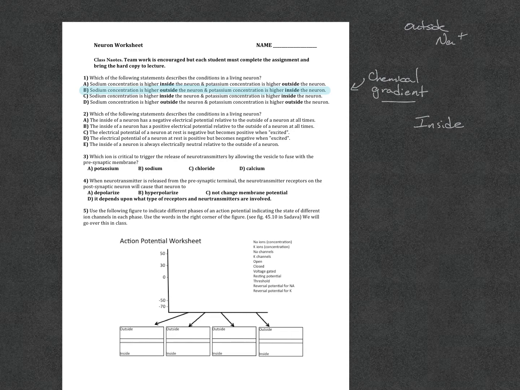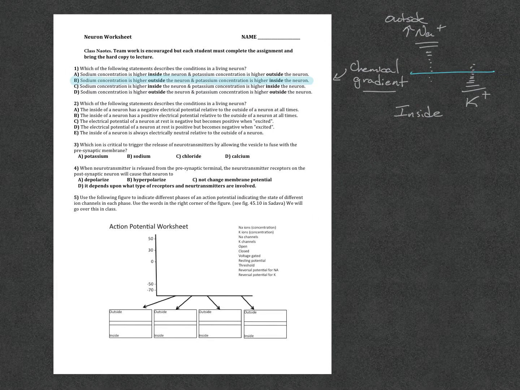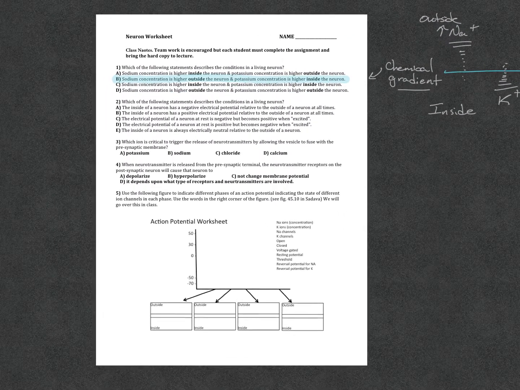Here sodium is high, and as you move into the cell, it's lower and lower. Here inside, potassium is high, and as you move out, it gets lower and lower. So that's the chemical gradient.